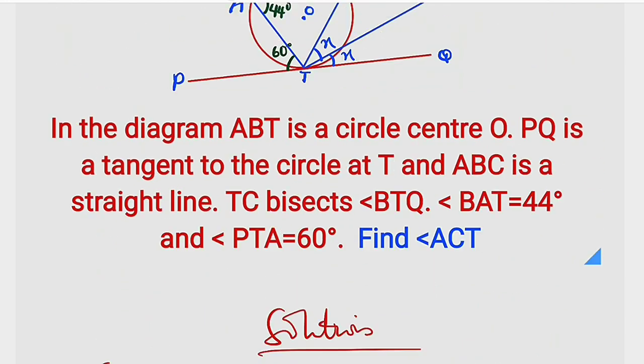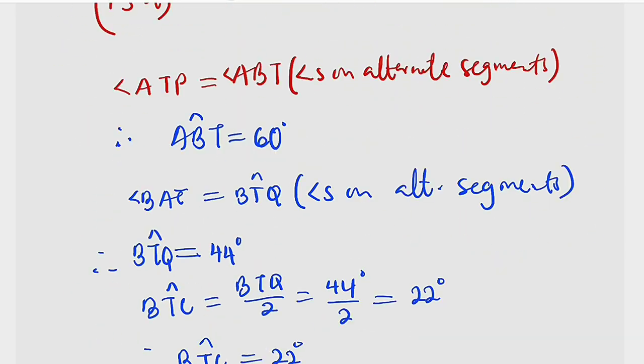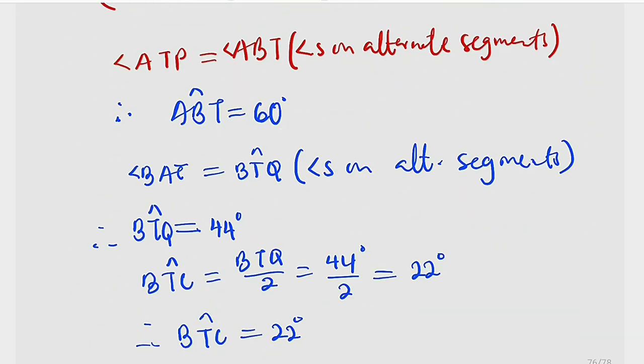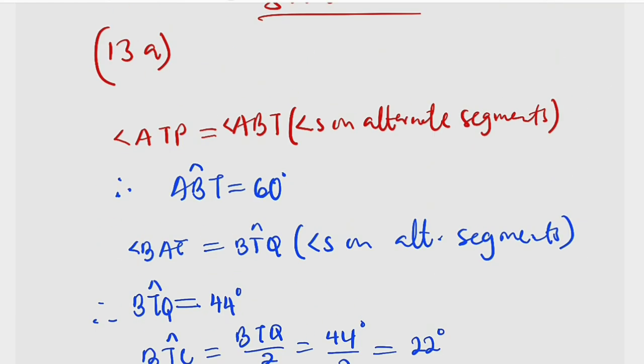Because they are on a straight line. Remember, angles on a straight line equal 180, or they are supplementary. But we have already seen that this particular ABT is equal to 60 degrees from here. ABT is 60 degrees. So this is equal to 180 degrees minus 60 degrees, which is equal to 120 degrees. So TBC is equal to 120 degrees.